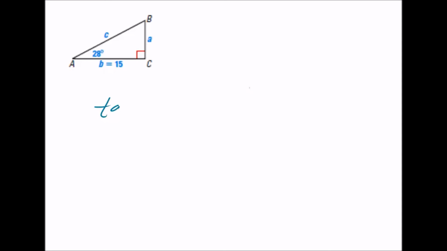We know that tangent of 28 equals A over 15. That's because tangent equals opposite over adjacent. So tangent of the angle equals opposite over adjacent. That's A over B, or A over 15.